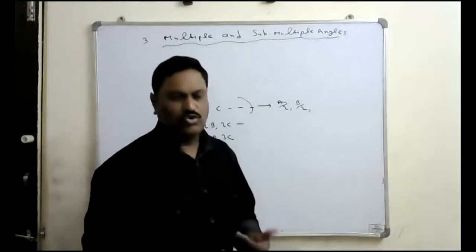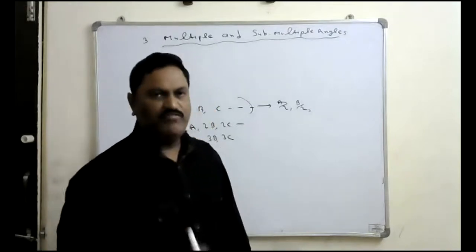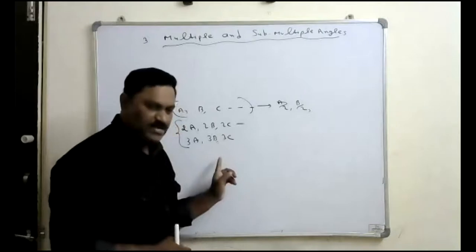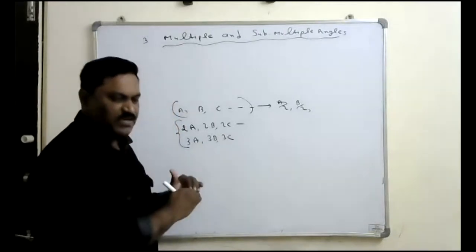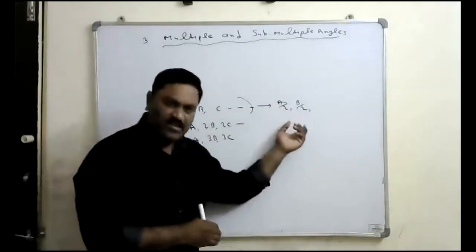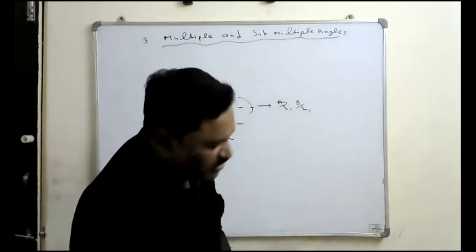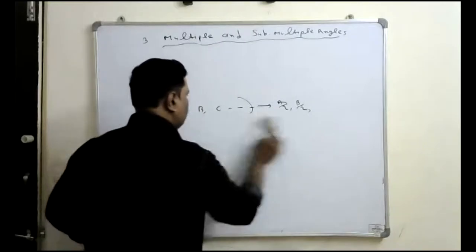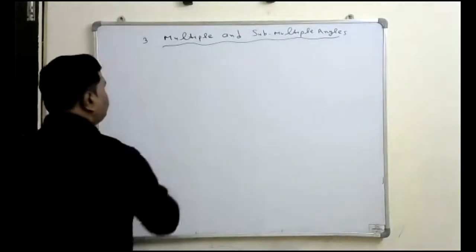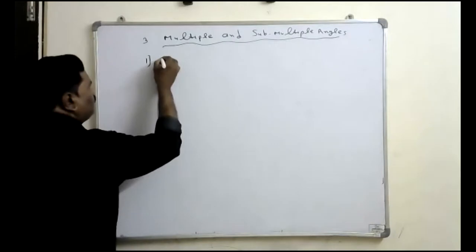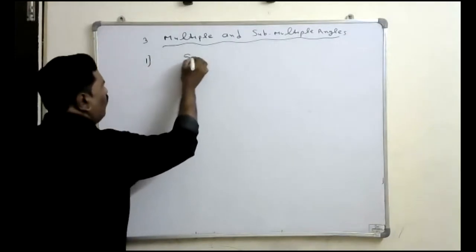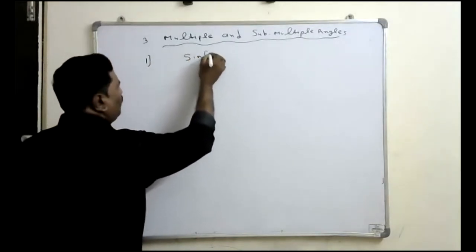So in this topic, we will have the formulas for these multiple angles. By observing the formulas for the multiple angles, we can also write the formula for submultiple angles. First, we'll see the formulas for the multiple angles. In that, first we will consider the formula of sine of a plus b.